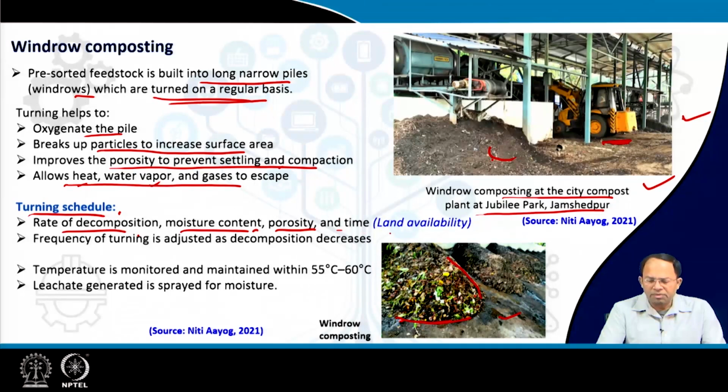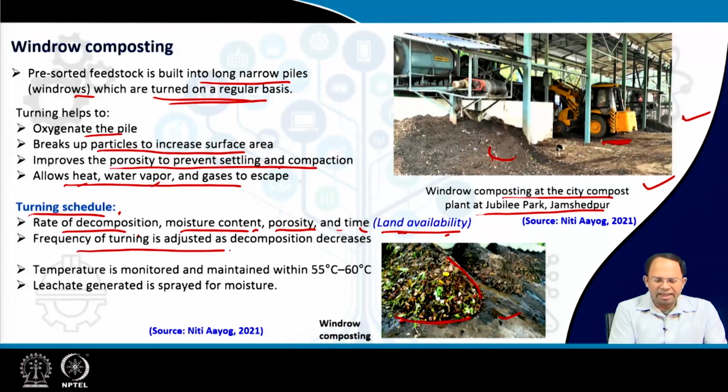Now, time is very related with land availability. If I have got less land, that means I can store the garbage for a lesser amount of time. Every day garbage comes in. So, if I have less time, less area, I have to complete the process in a much shorter period, right? That's why time and land area are very related.